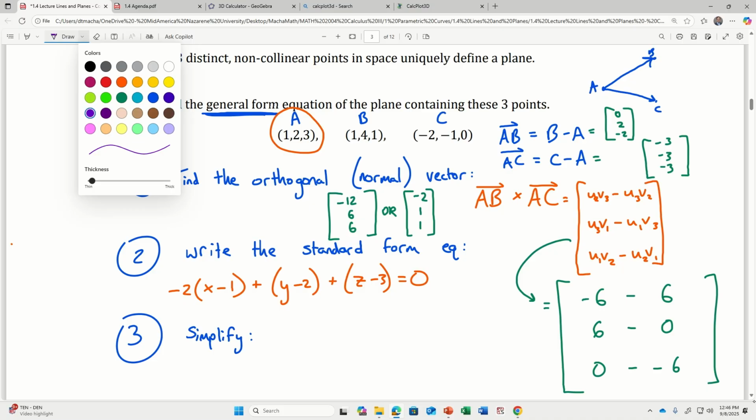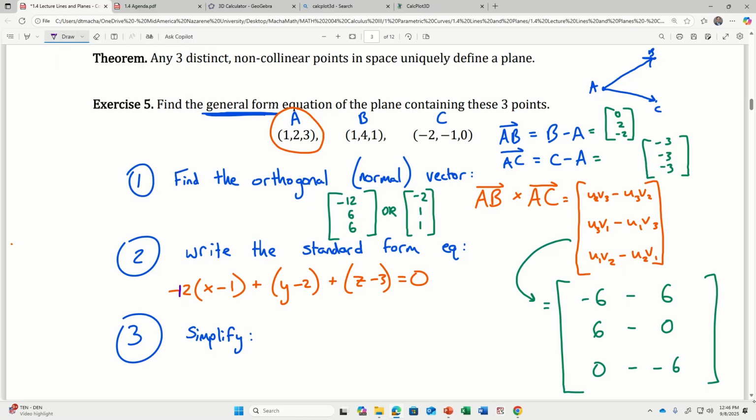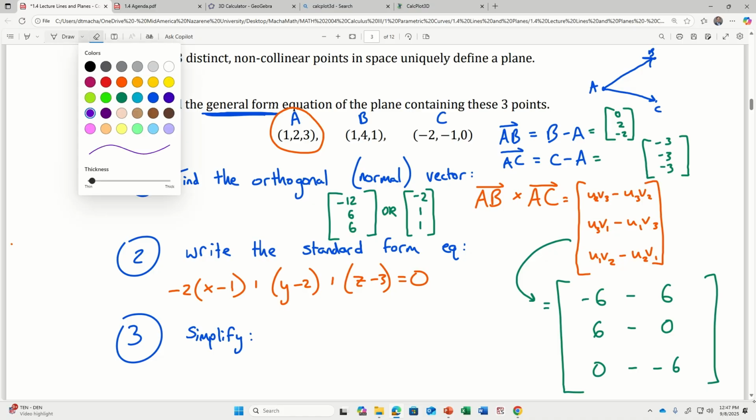And like I said a moment ago, I could have used negative 12, 6, 6 here. But then when I wrote down this equation, I would think, oh, this would be a lot simpler if I just divided both sides of this equation by 6. And 0 divided by 6 is still 0. So I don't really need to do that. I can just go boop, boop, like that.